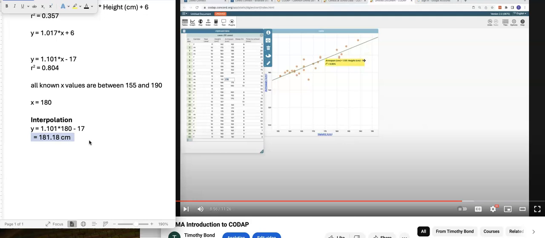So this tells me that if someone is 180 centimeters tall, according to this model and this data, I would expect their arm span to be 181.18 centimeters. Now here's where we get to doing some interpretation.